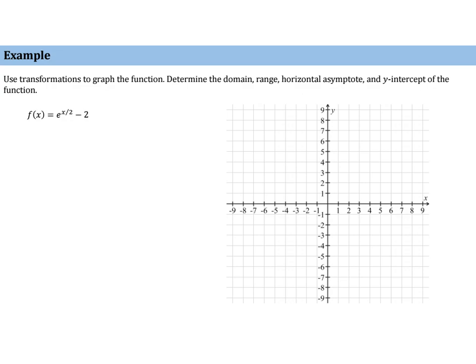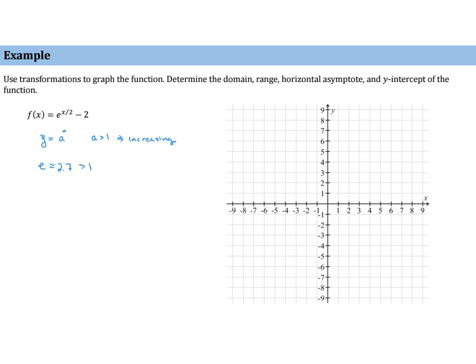Since e is just a number, remember that we have our graph y equals a to the x, and that's increasing if a is bigger than 1, and it's decreasing if a is less than 1. But here, what's a? Our base is e. Notice that e is about 2.7, which is bigger than 1.